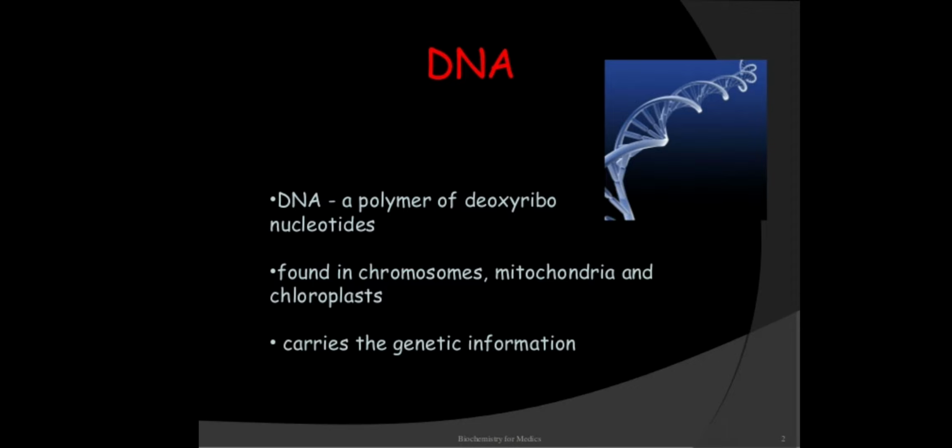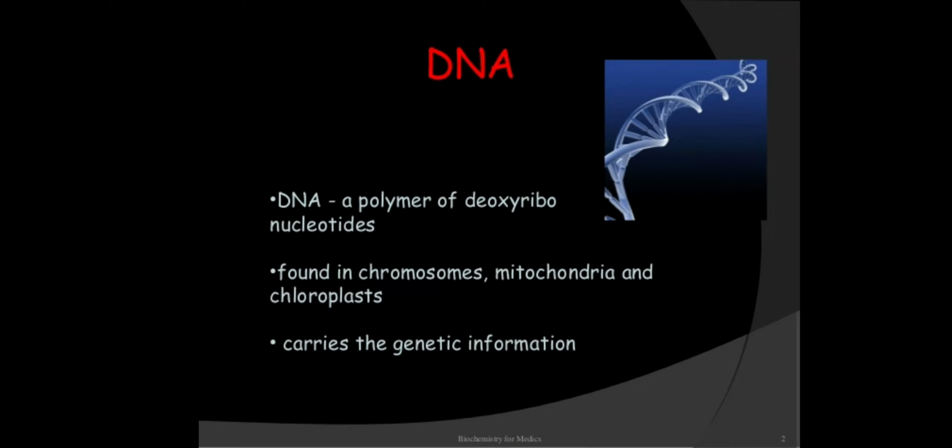So now let's discuss what DNA is. Of course, DNA is very well known in the medical field because DNA is a polymer of deoxyribonucleotides. A polymer is defined as a substance or material consisting of very large molecules, or macromolecules.